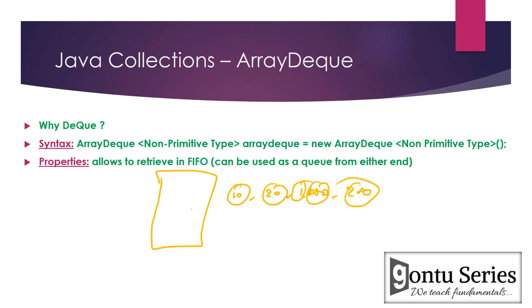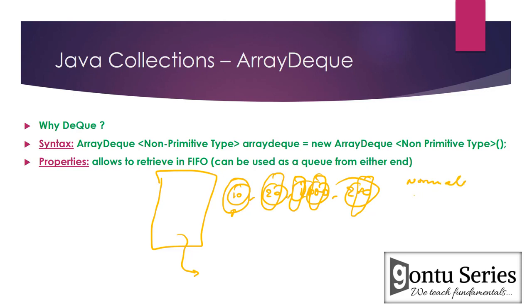It's just that when you want to retrieve an element from an ArrayDeque Java collection, it's going to allow you to take out the first element, the next element, and then the next element, and so on. So it's a normal queue basically.